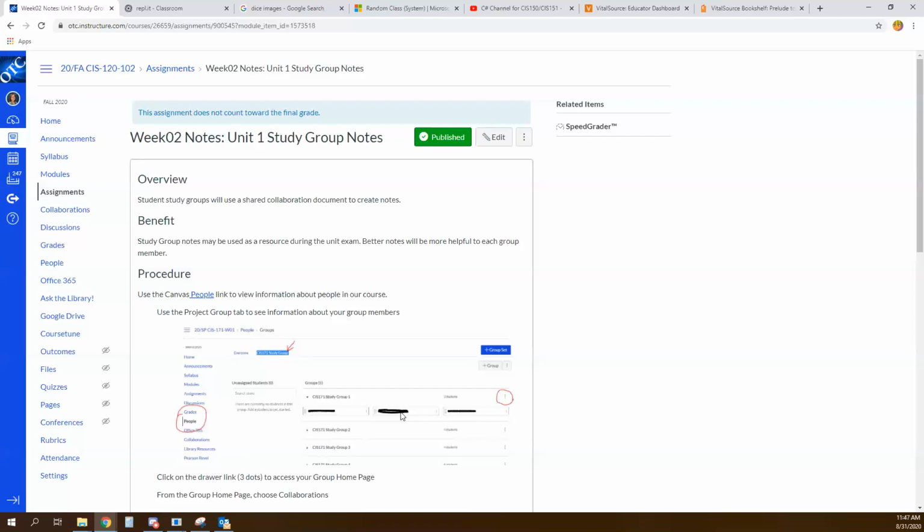Now, your notes are going to be a resource for you that you can use on the unit exams. So to encourage you to really make good notes and to really share time with your study group, I'll let you use those notes as a resource. Now, that means they have to be notes. They're not screenshots of practice questions from the quizzes or the sample quizzes.